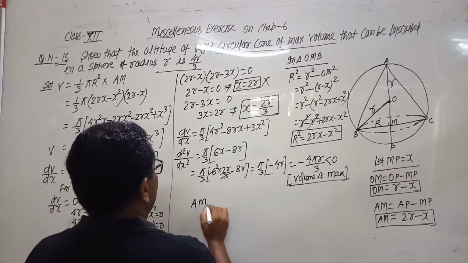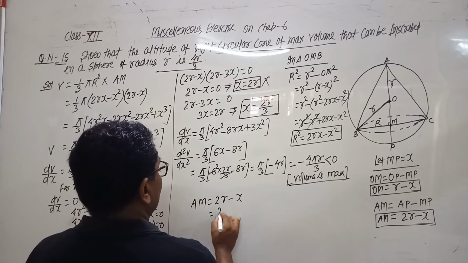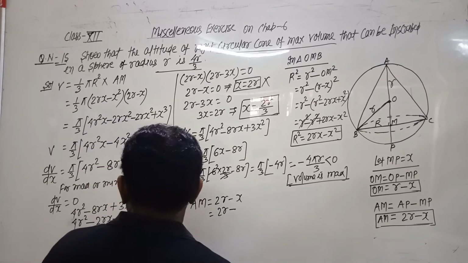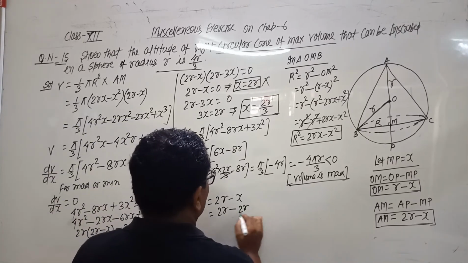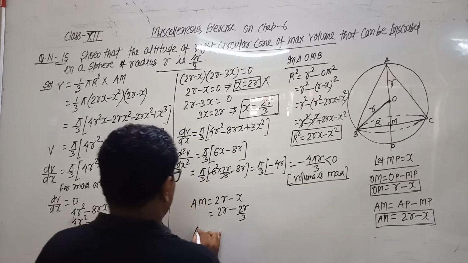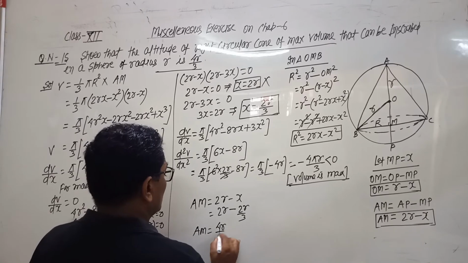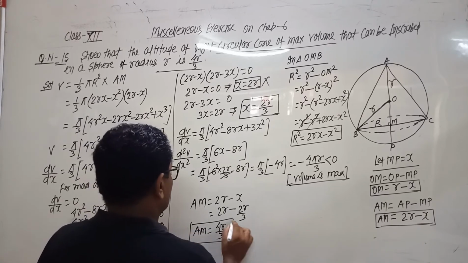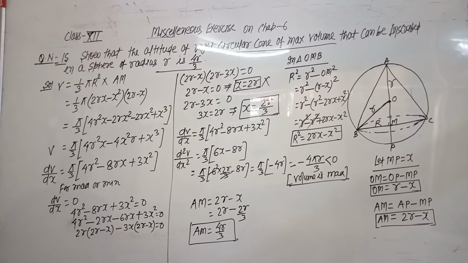So AM altitude equals 2r minus x, and the value of x we have already calculated. The value of x is 2r by 3. So we get AM equals 6r minus 2r over 3, which is 4r by 3. So the height or altitude of the cone is equal to 4r by 3.